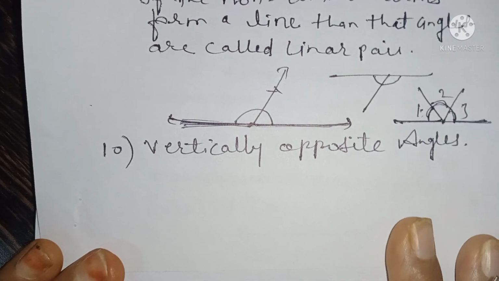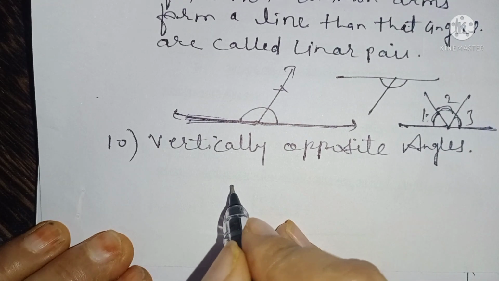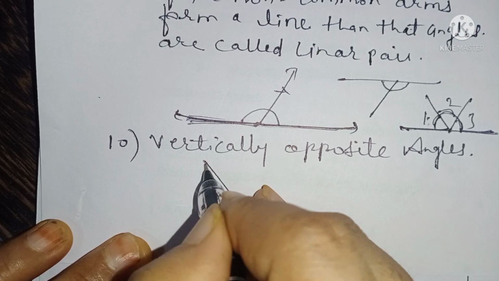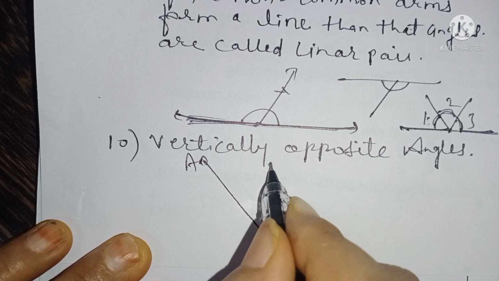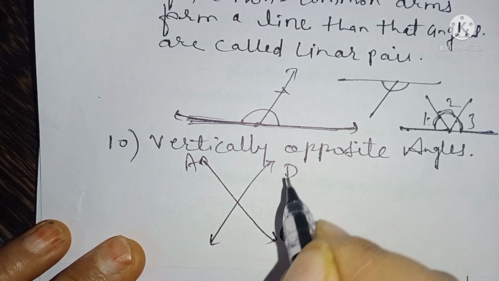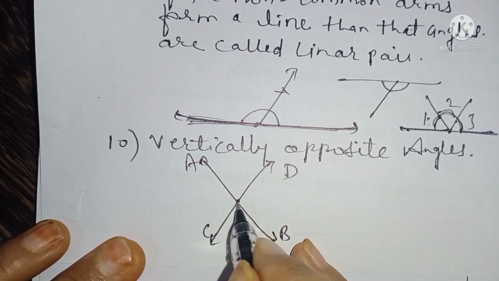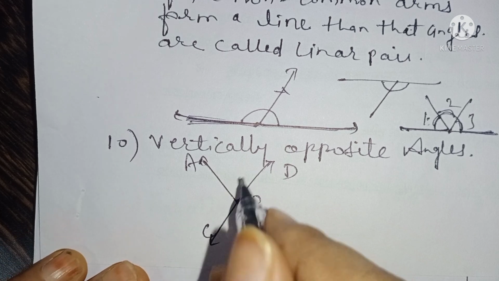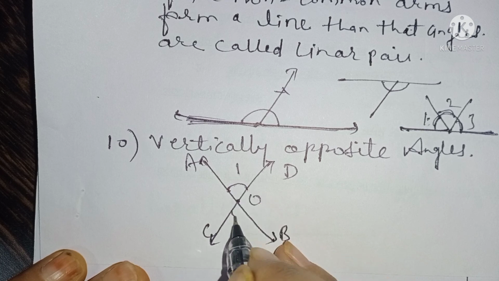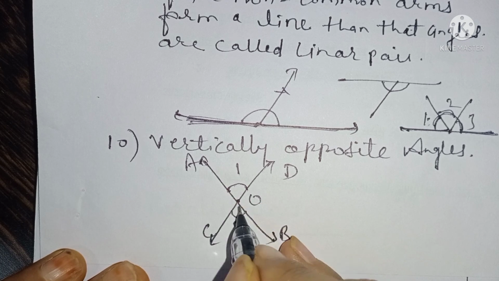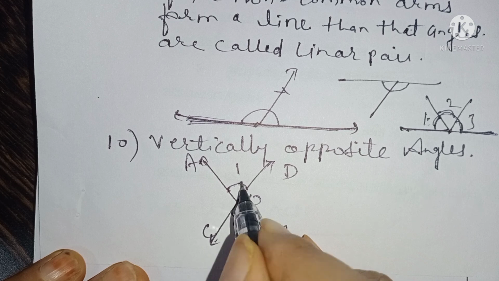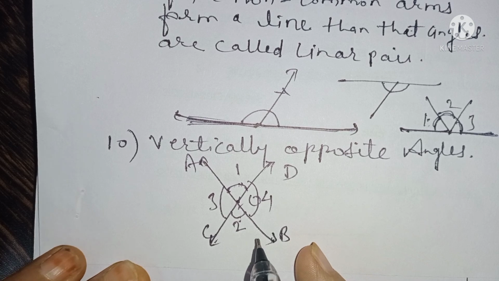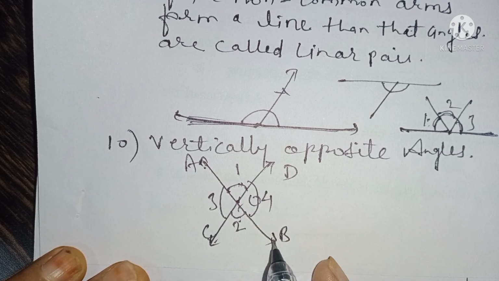Suppose two lines intersect each other, this is line AB and this is line CD, intersecting at a point, say O. Then vertically opposite angles are formed. Angle 1 and angle 2 are vertically opposite angles: angle AOD and angle BOC. And angle 3 and angle 4 are also vertically opposite angles: AOC and BOD.